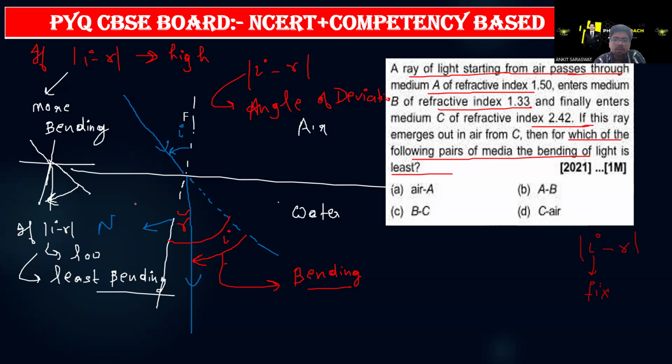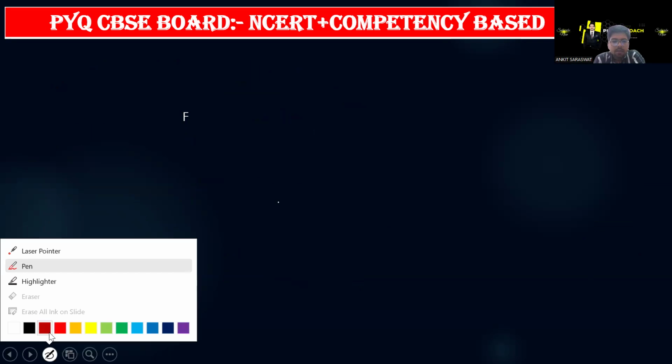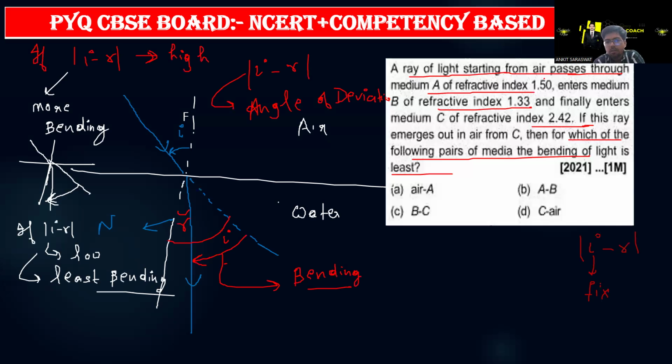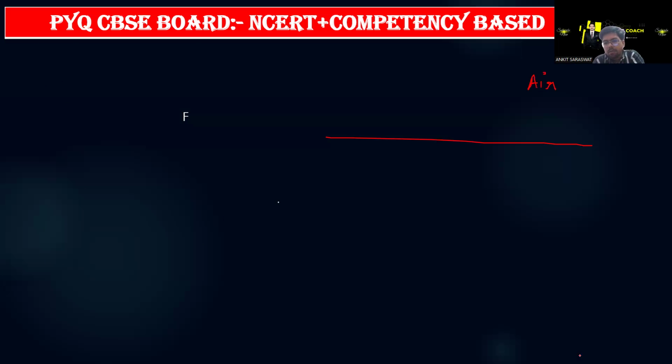Now, suppose a light ray is passing from air to medium A, refractive index 1.50.